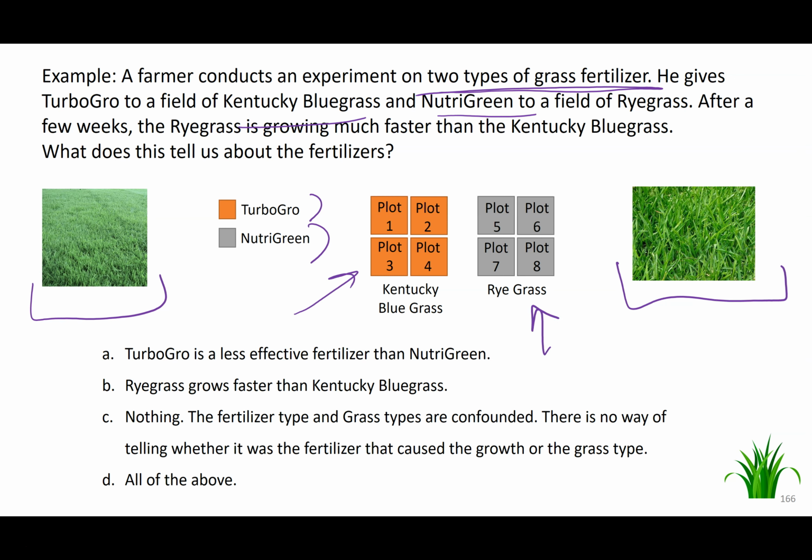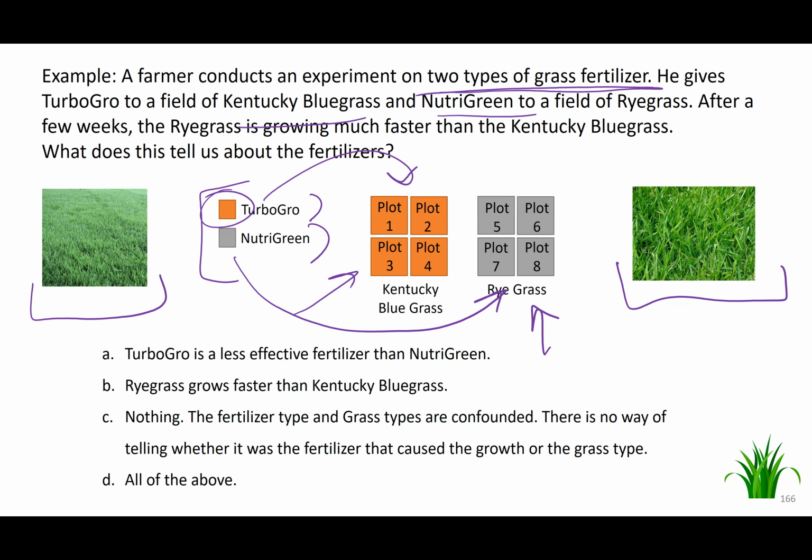The ryegrass is broken up into 4 plots, so we have 8 plots total, and they assign, see this orange is, the 4 plots of Turbo Grow there, and the 4 plots of Nutri-Green to the ryegrass there.